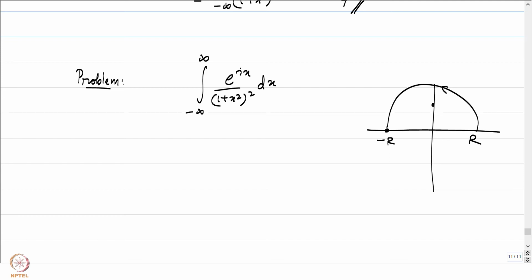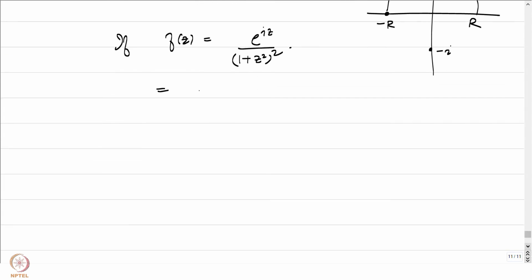Again, the points of interest to us will be i and minus i, and therefore if you look at e to the power ix by (1 plus x square) the whole square, rather if f of z is being taken to be equal to e to the power iz by (1 plus z square) the whole square, this is going to be 1 by (z minus i) the whole square times e to the power iz by (z plus i) the whole square.